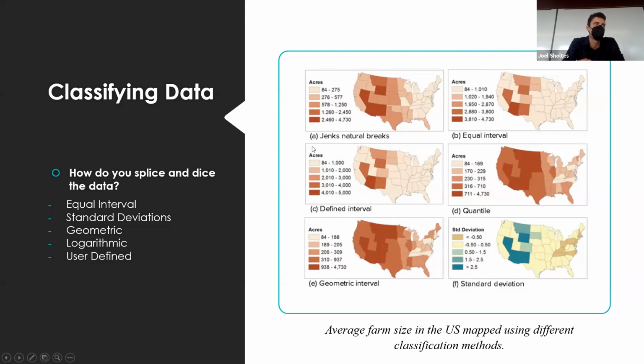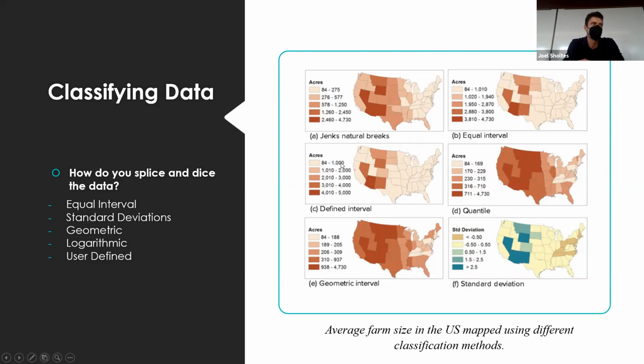So Jenks, this is an algorithm that they use to find natural breaks in the data. I don't actually know how it works, but it's one way to do it. It basically finds groups of data and puts breaks in between those groups. Equal interval just says, okay, we're going to go from high to low and divide that into equal intervals.